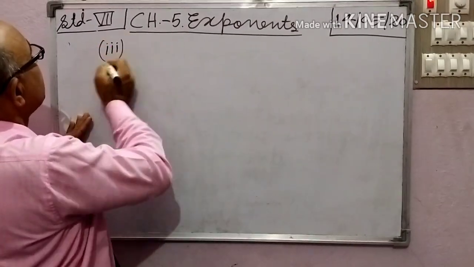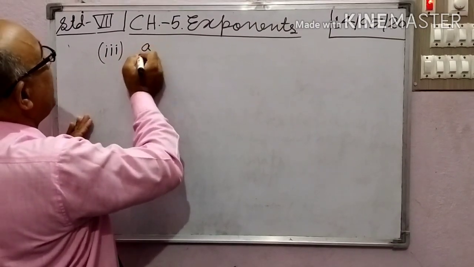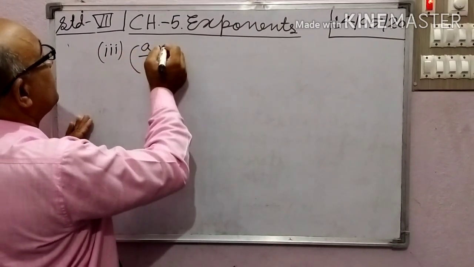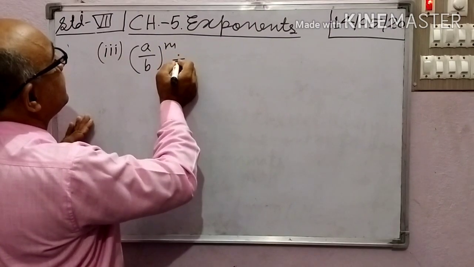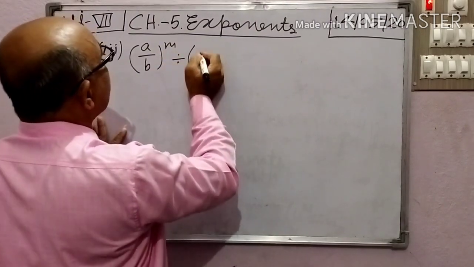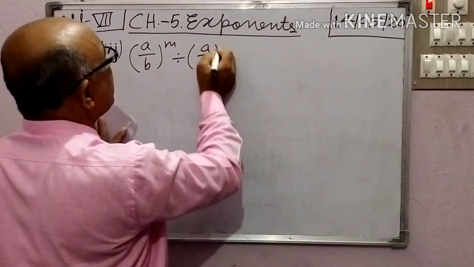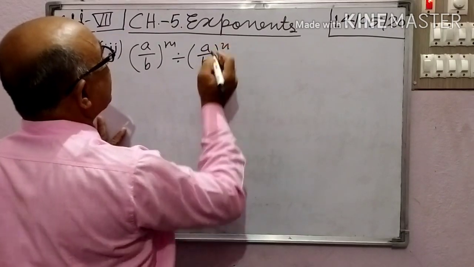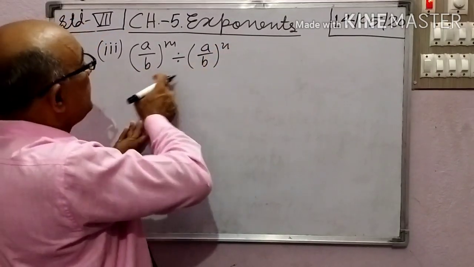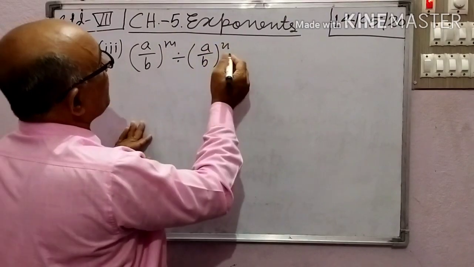Law number 3: (a/b) to the power m divided by (a/b) to the power n. Here both bases are the same, the index is different.